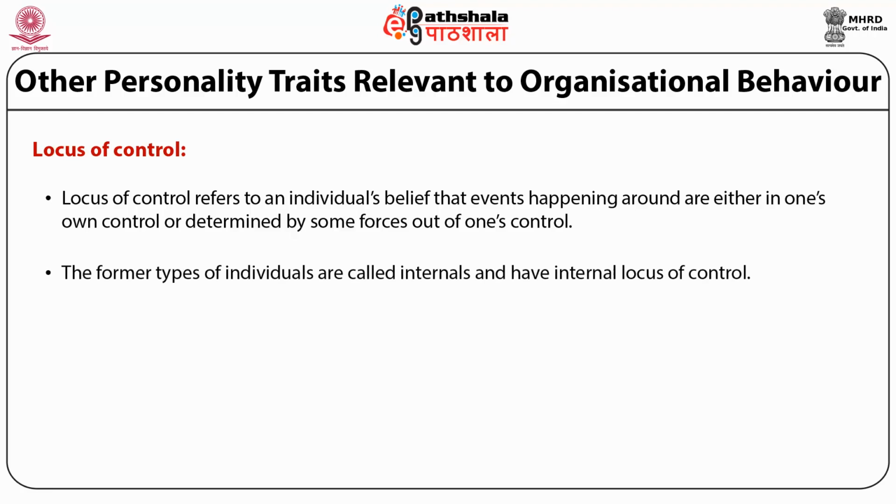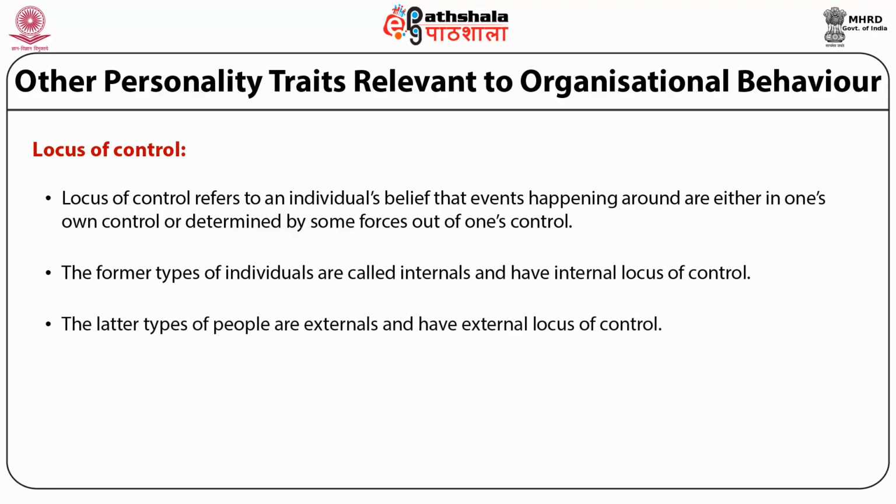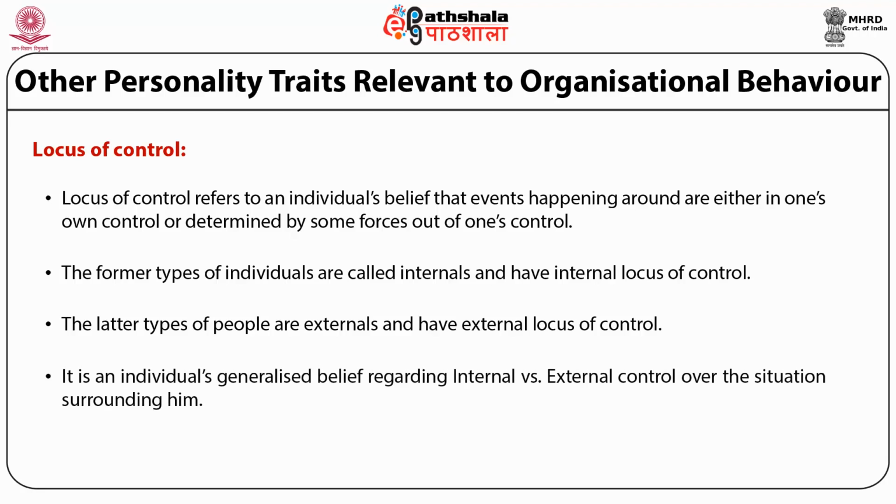The former types of individuals are called internals and have internal locus of control, and the latter type of people are externals and have external locus of control. Locus of control is an individual's generalized belief regarding internal versus external control over the situation surrounding him.